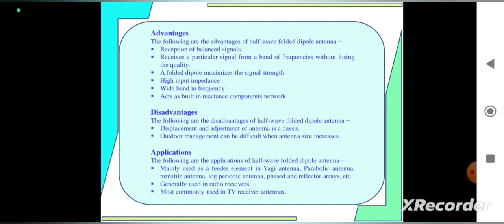As well as the radiation fields are concurrent, it is the same as the lambda by 2 dipole antenna, but the input impedance differs and is equal to 300 ohm. Next, the folded dipole antenna differs from the conventional dipole mainly in two respects. What are they? Directivity and wider bandwidth.